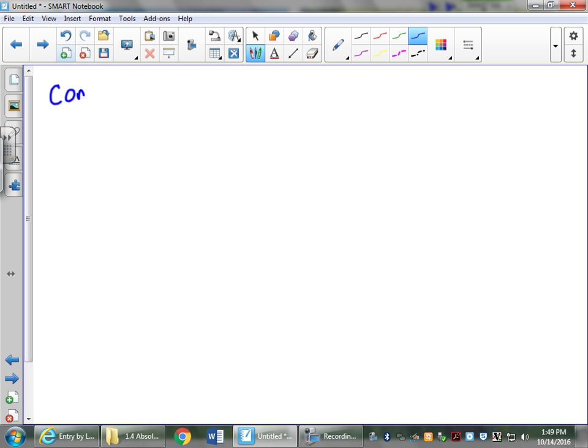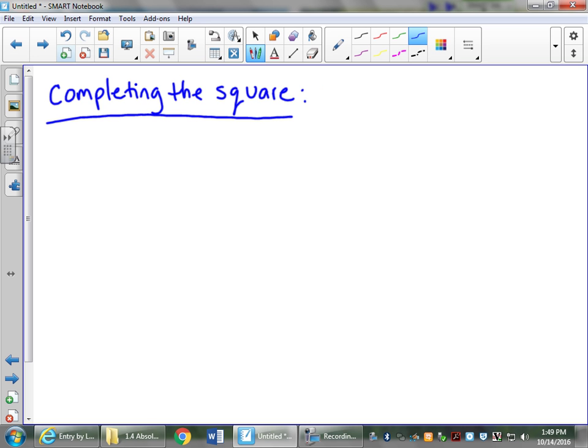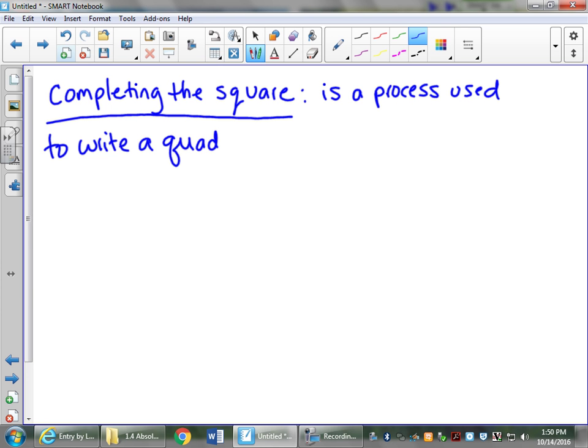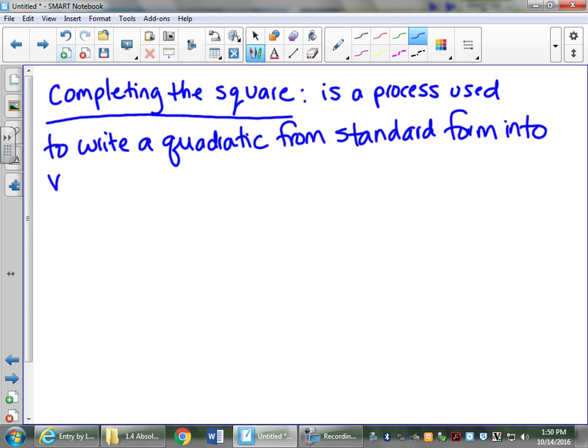Let's actually write the process down first, though. So completing the square. It is a process used to write a quadratic from standard form into vertex form.